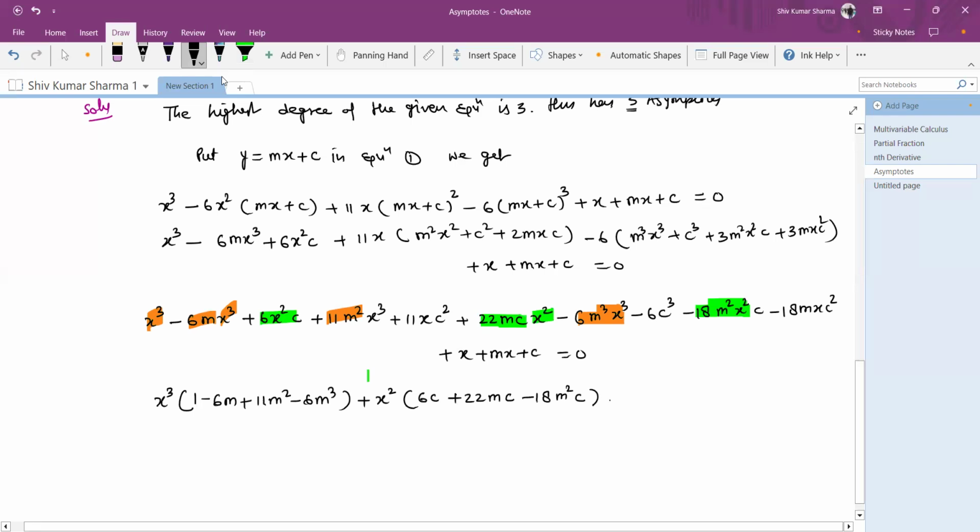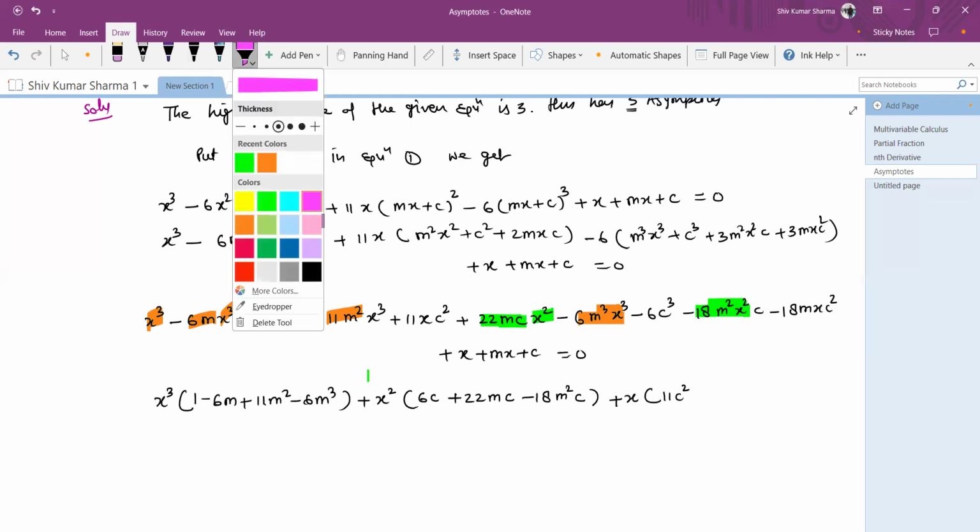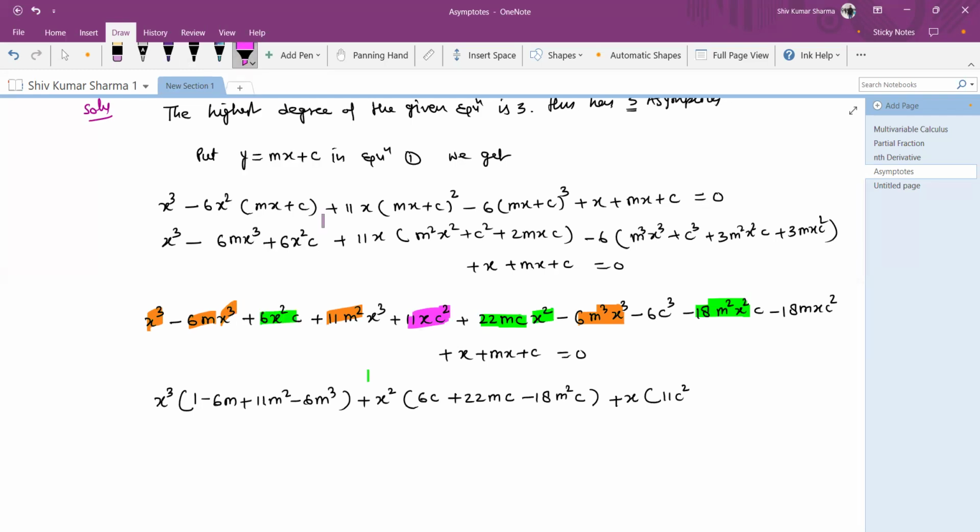Now third, we take the coefficients of x. The coefficient of x means 11c square. So first we have 11c square.